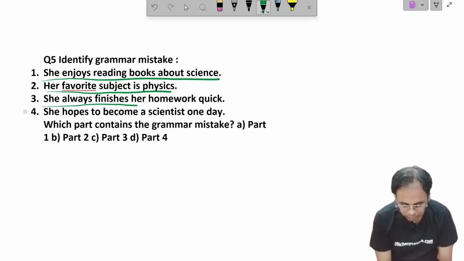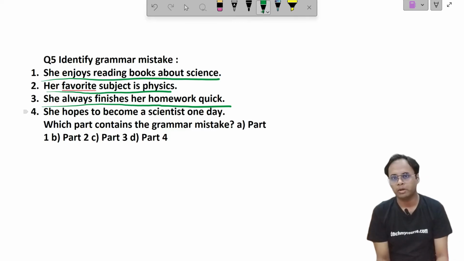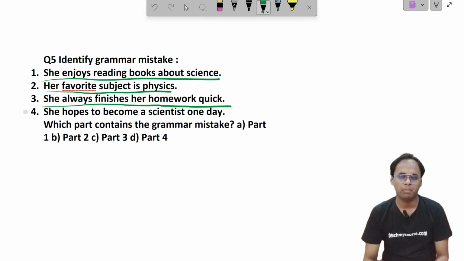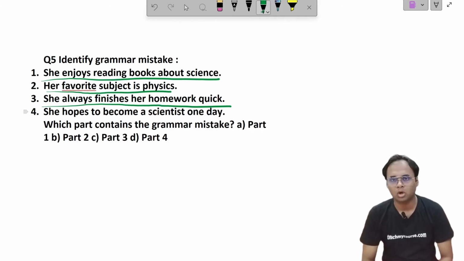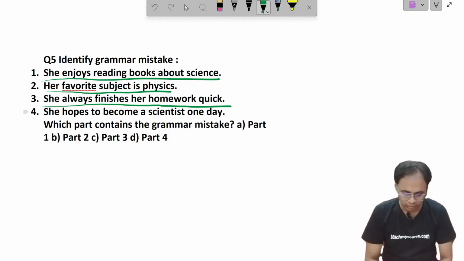Third is she always finishes her homework quick. Now this should be quickly and not quick, because this describes how she finishes the work. When we describe how work is being done, we use an adverb, and quick is not an adverb. Quickly is an adverb; normally ly is used at the end.